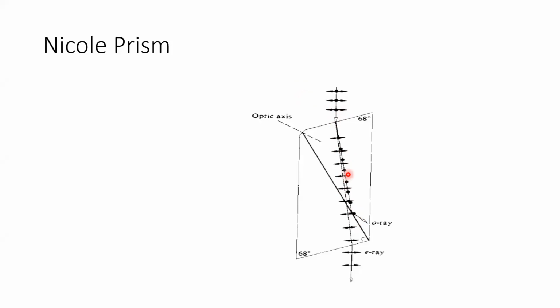What happens is that for the O ray, there is a total internal reflection. Because for the O ray, remember, we have the refractive index for O, and the Canada balsam has a refractive index less than that. So there will be a total internal reflection. The refractive index of the O ray in the Nicol prism is more than that in the Canada balsam.